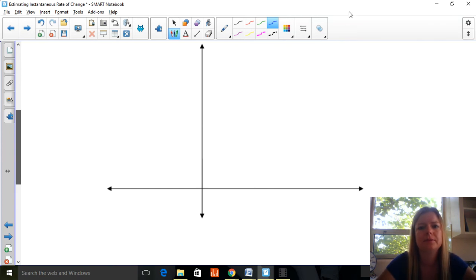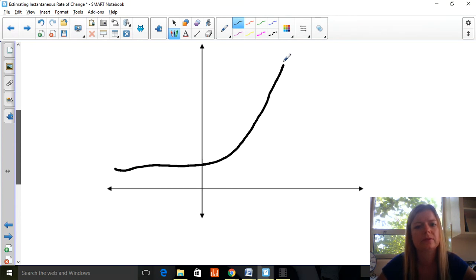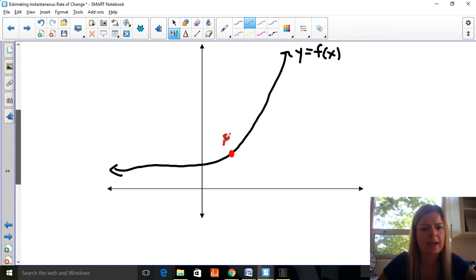So, okay, let's redraw then our function f at x. Okay, and you can pick a point of tangency P. Okay, and again, its x value, we're going to set equal to a.